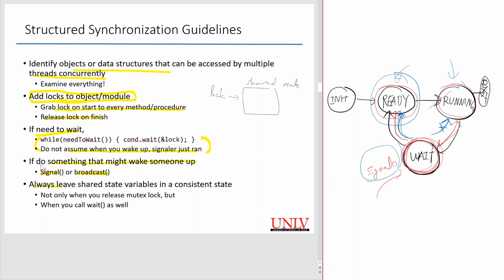Okay. Always leave shared state variables in a consistent state. Not only when you release the mutex lock, this is obvious. You're leaving this critical section, so make sure the shared state is in a consistent state, because that's the moment when another thread can grab the lock and access the shared state. But also make sure that when you call wait, which internally releases the lock, you leave the shared state in a consistent state.